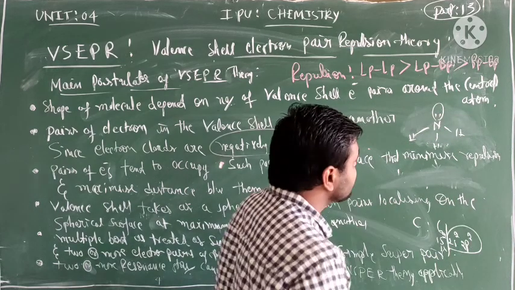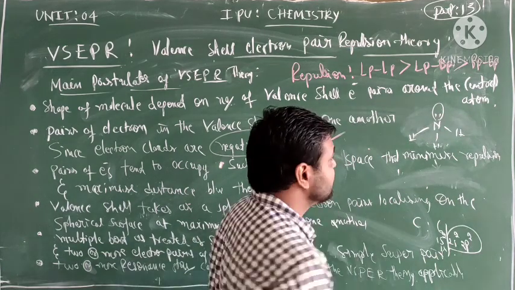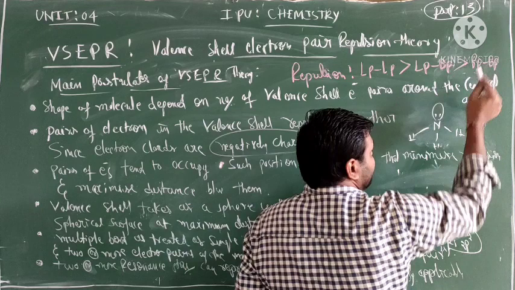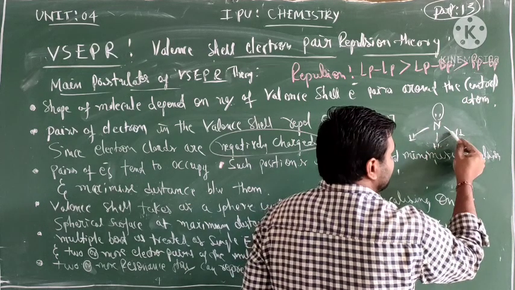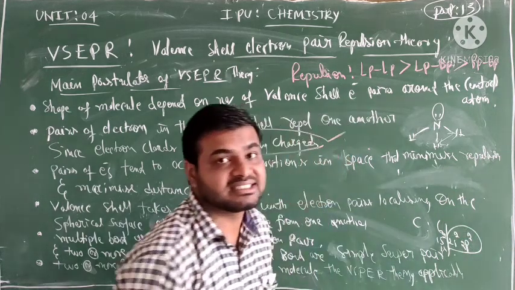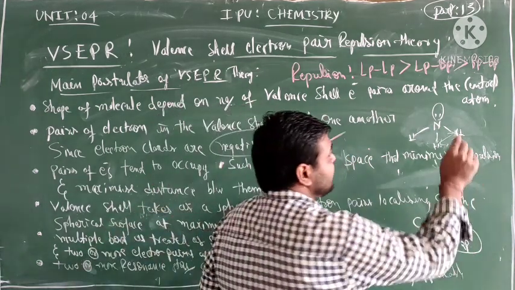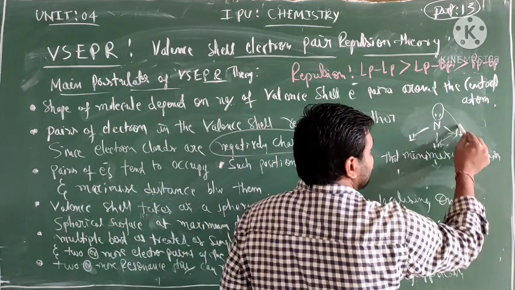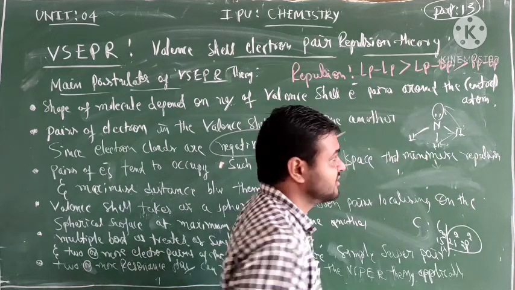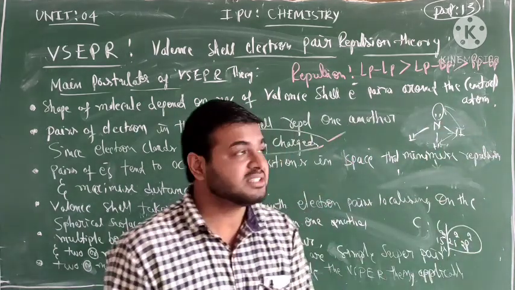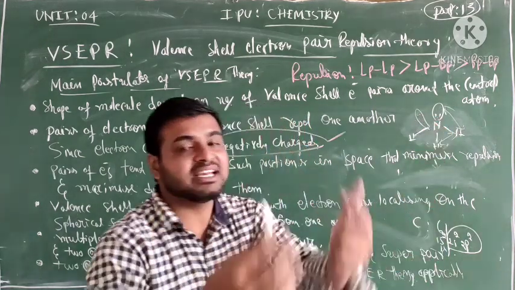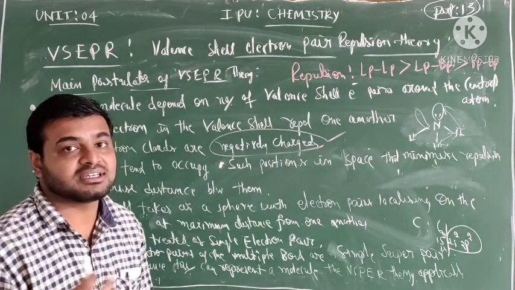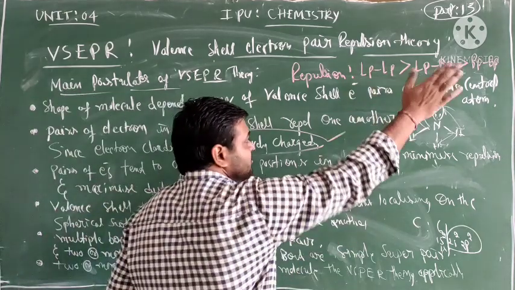There is a lone pair, right? So what I tell you, this is a bond pair, it's a bond, this is also a bond pair, the repulsion distance is very small. But in lone pair and bond pair the distance is very large. In the case of lone pair with bond pair, the repulsion is very much more repulsive compared to these two.